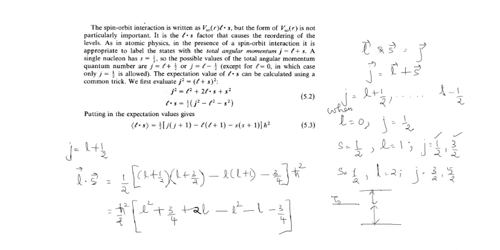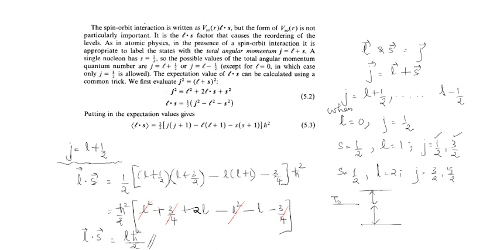So the L square cancels, 3 by 4 and 3 by 4 cancel, and I am left with L ħ square by 2. This is my L dot S for J equal to L plus half.